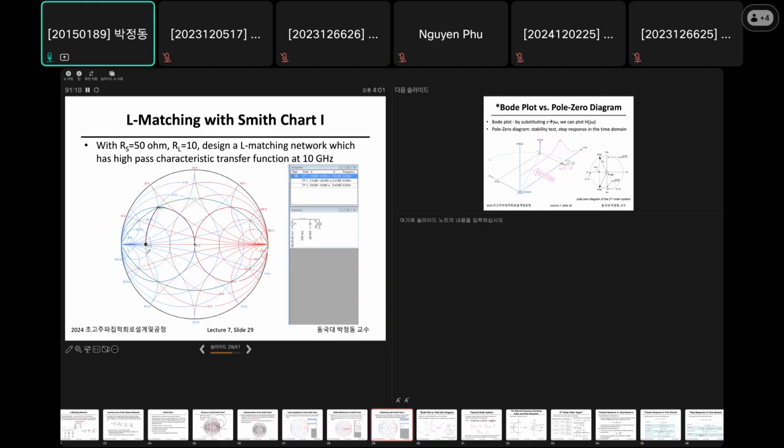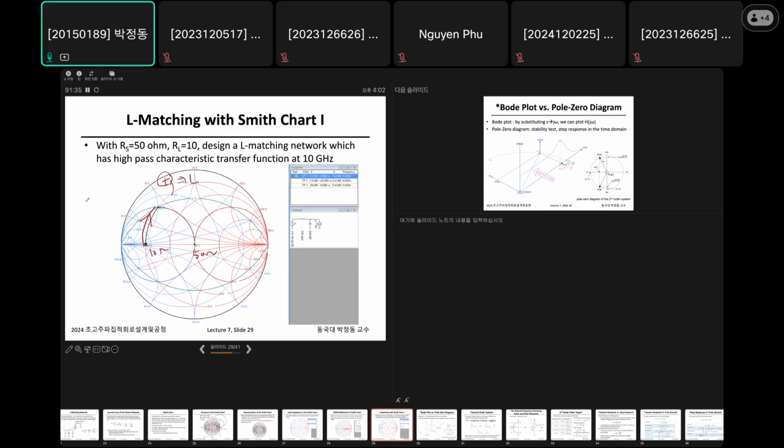For this example, this is 10 ohm, this is 50 ohm. There are two ways, right? The first one is to move in this direction, so just add a series element. This trajectory is a series, and this is positive. Positive, j positive, means this is an inductor.